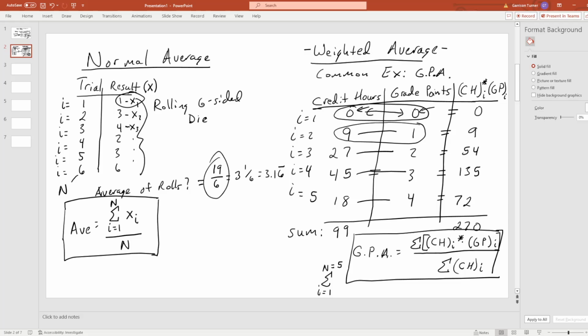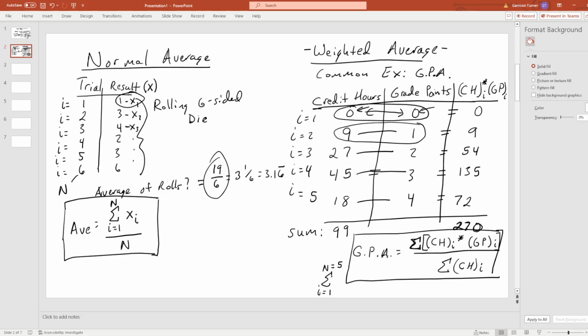So we take each of those products and then we sum them up. So that's what this number down here is. This 270 represents the entire sum of each product of my credit hours and my grade points per index. And then I divide that by the total number of credit hours. And that tells me what my grade point average is.